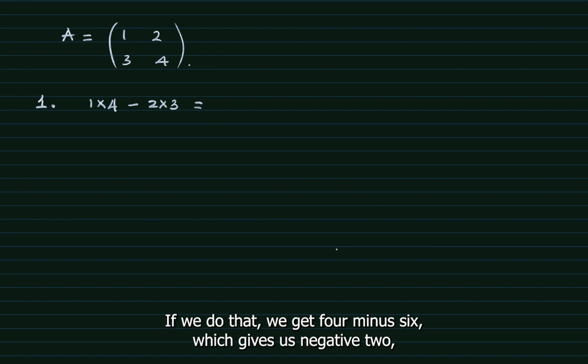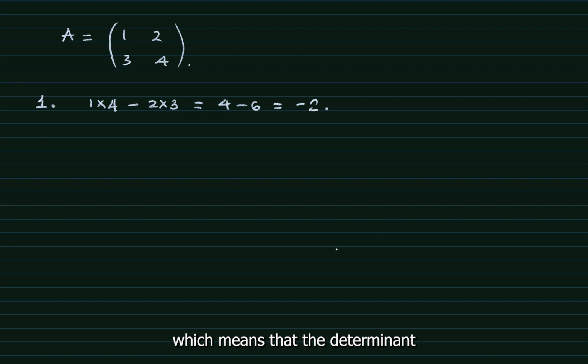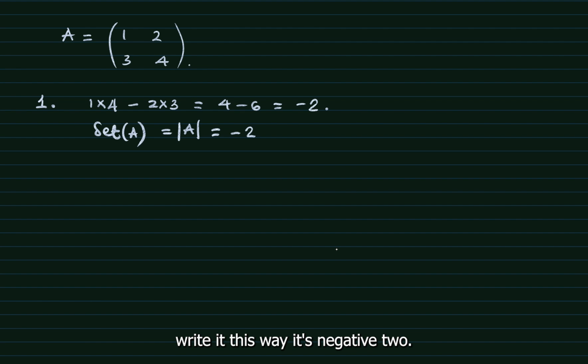If we do that, we get 4 minus 6, which gives us negative 2, which means that the determinant of A, we can call it det A, or if you like, write it this way, is negative 2.